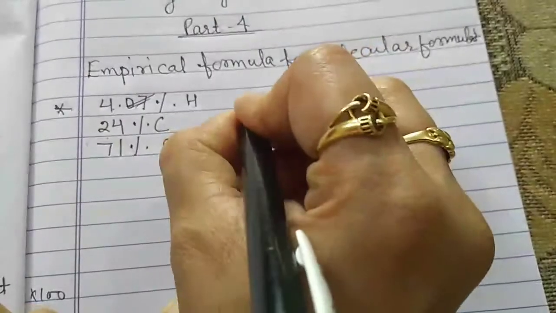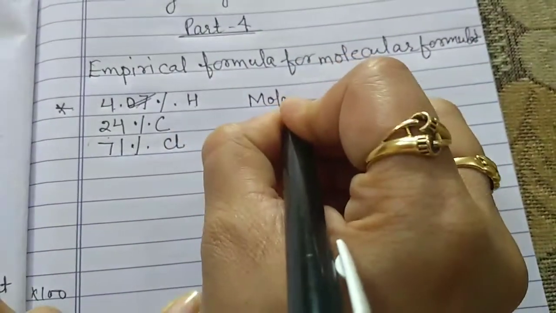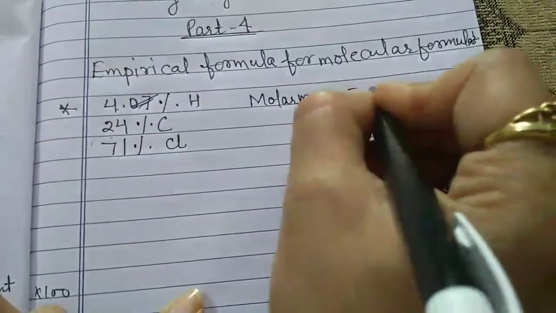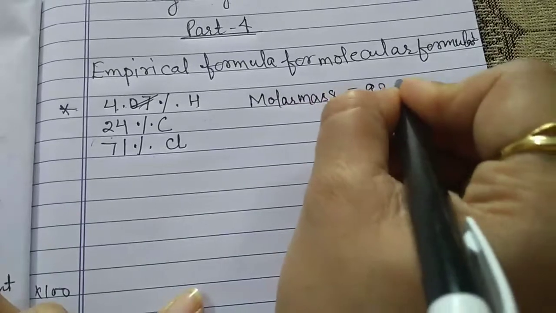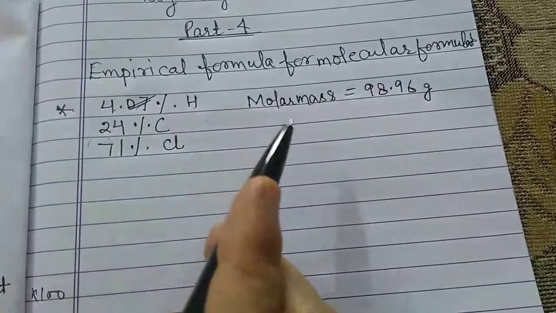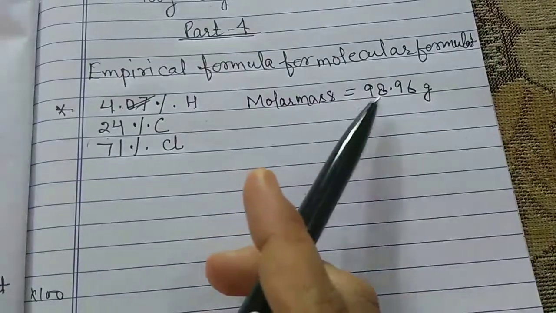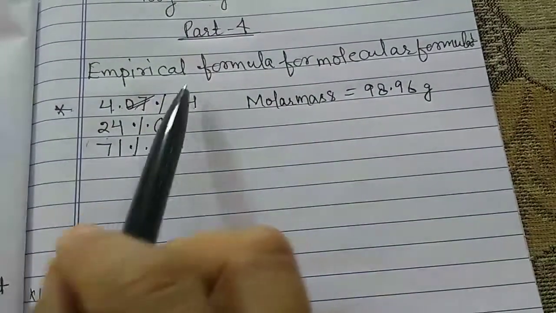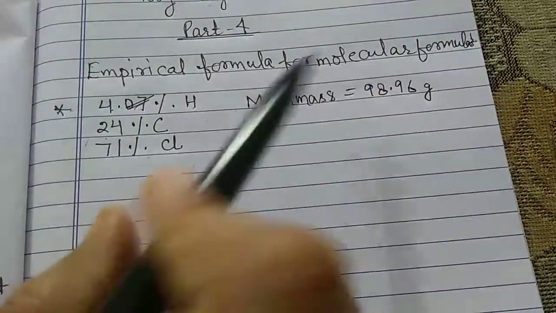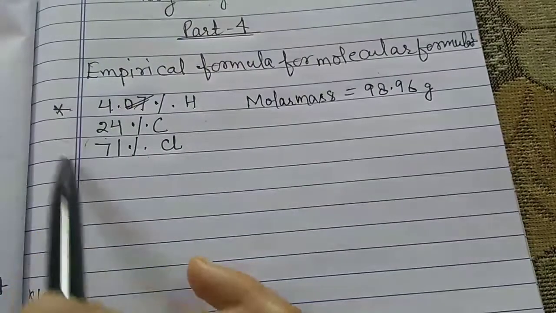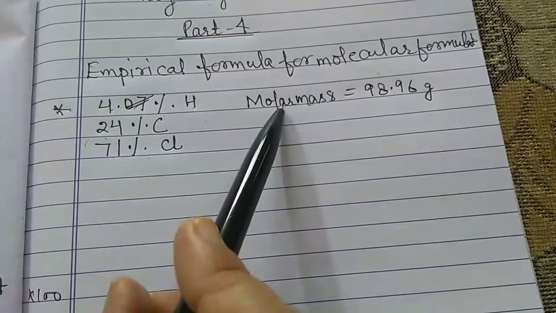And the molar mass of the compound is 98.96 gram. Now we don't know the empirical formula or the molecular formula; we have only the mass percentage and the molar mass.